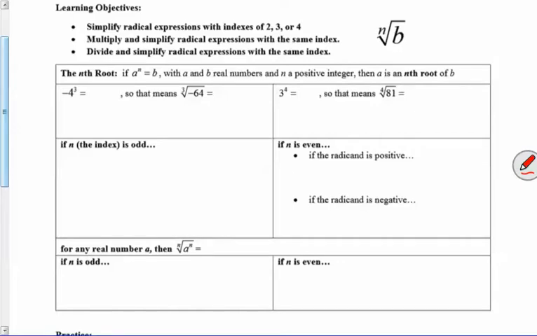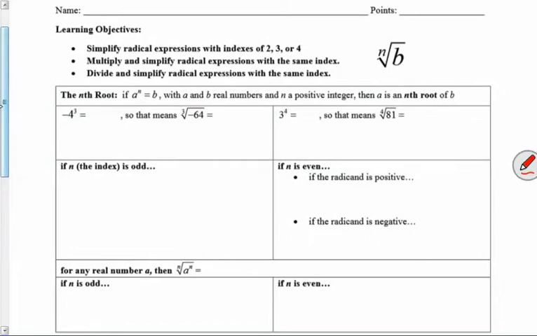All right. First, a little bit of notation. When you see this little symbol here, understand that this n stands for the index. That is the index of this radical expression. This is the radical sign.